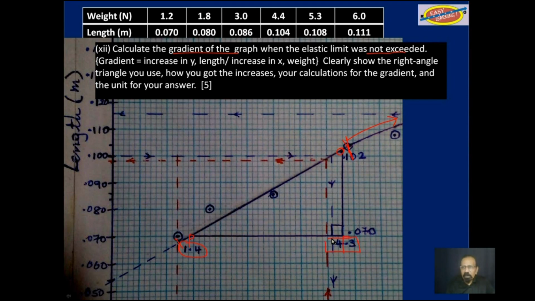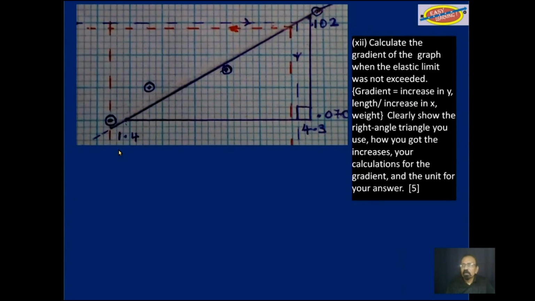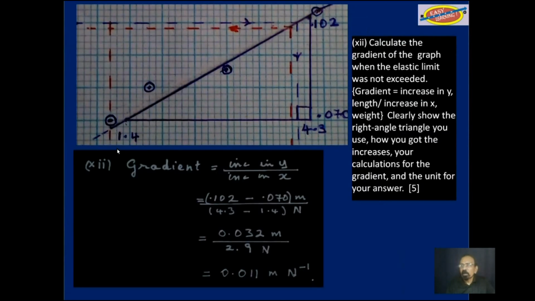That point there is 0.070, which is this, and this point here is 0.102, which is that. So the students were given a hint that the gradient is increase in y divided by increase in x.